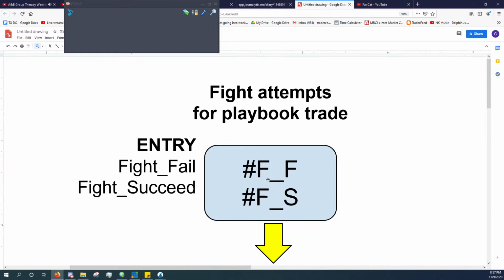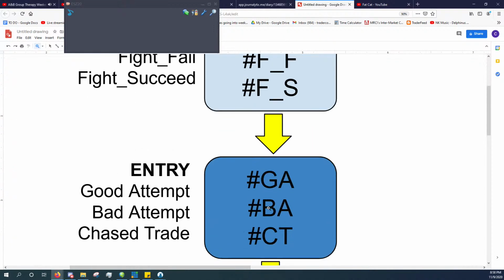I'll run the hashtag on these fights. Of course, there's going to be more of these filtered because they're going to all have different numbers. Okay, I don't expect to see 5 hits on a specific playbook trade. So I think that would be more of a rare occasion, but the pie chart would be comprised of a lot of different combinations of these because of the numbers that go in there.